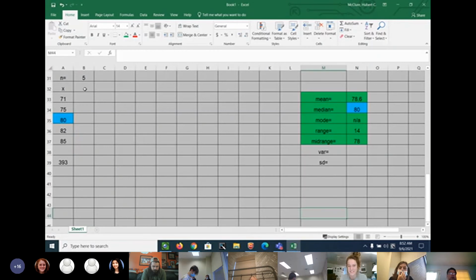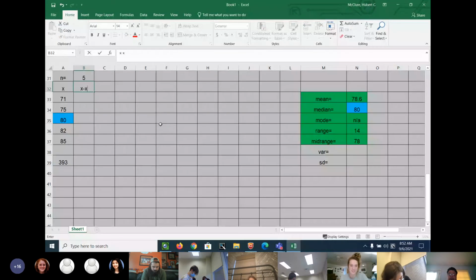All right, so here I'm going to do x minus x bar. I'm going to take 71 minus 78.6, function F4, and enter. And I'm going to copy that down.